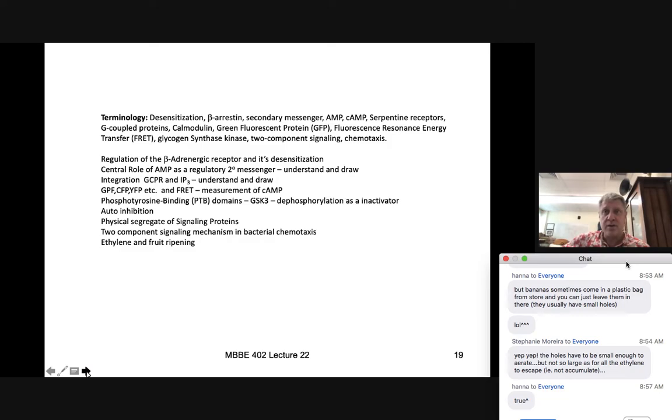But they might also result in an external phosphorylation event, like we see with glycogen synthase kinase 3, and see its inactivation in the process of autoinhibition. We talk about the segregation of signaling proteins, which we think of in regards to E. coli, and the two-compartment systems in regards to ethylene ripening and bacterial chemotaxis.